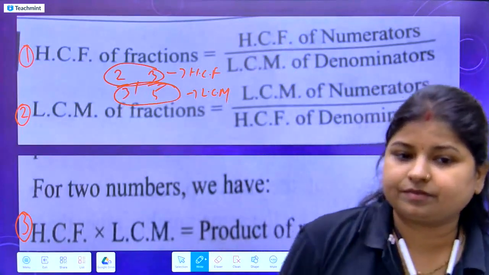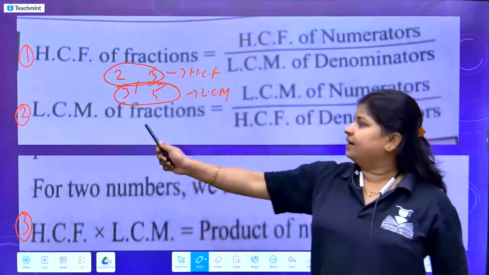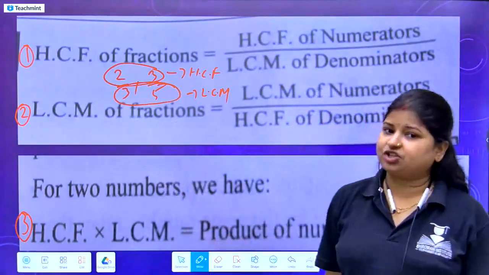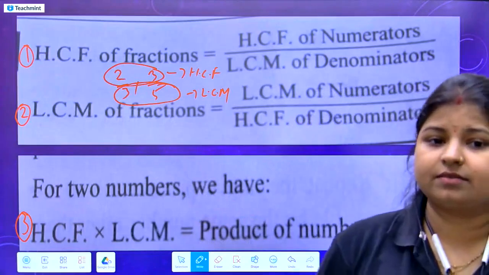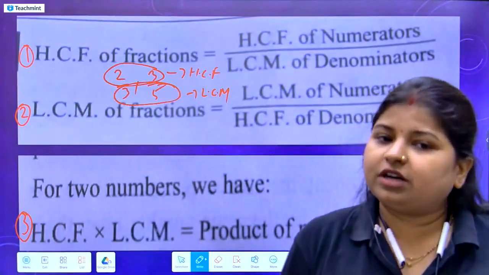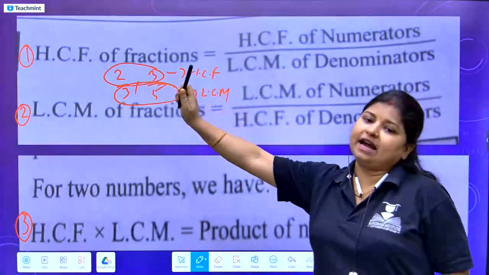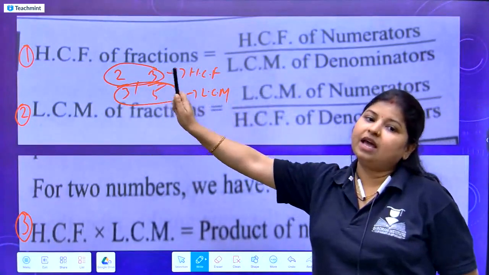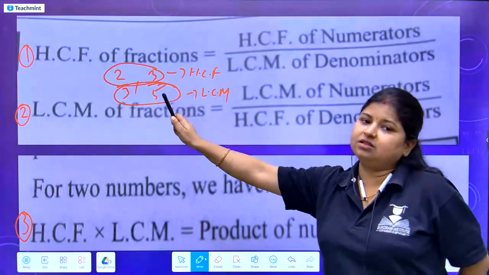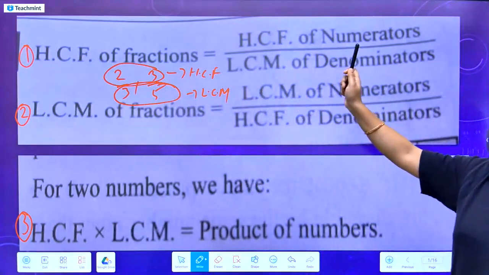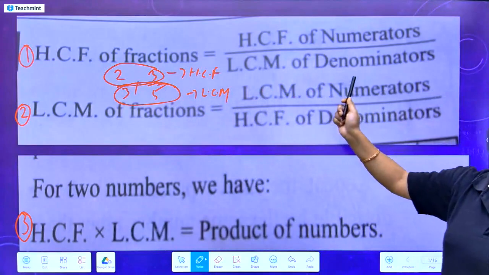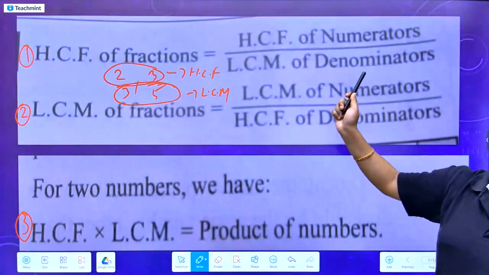Second, if LCM of fractions is asked. Ma'am, I didn't understand. Beta, you have to learn the formula, Ajish. The formula is: HCF of fractions is HCF of numerators divided by LCM of denominators.